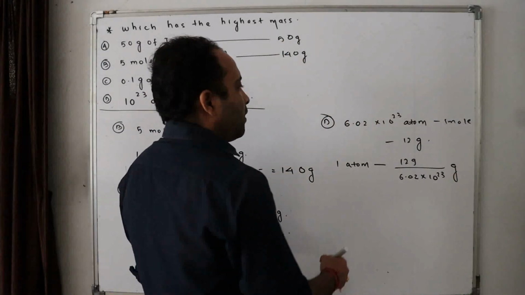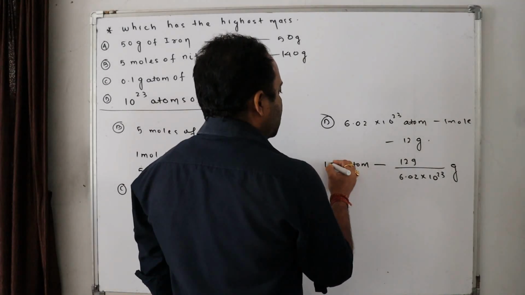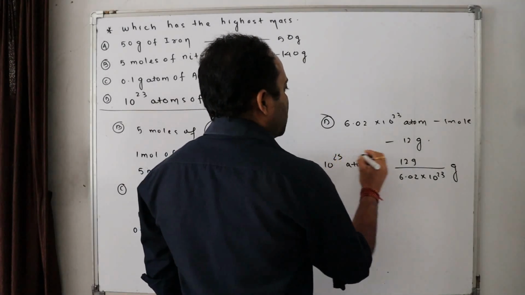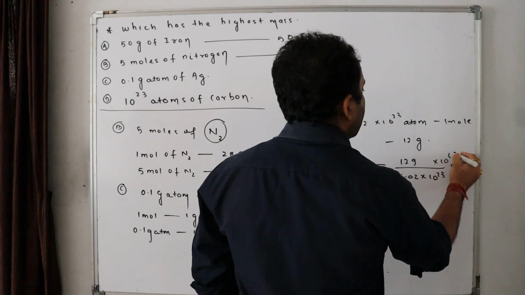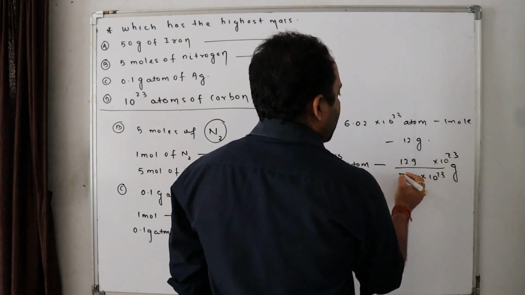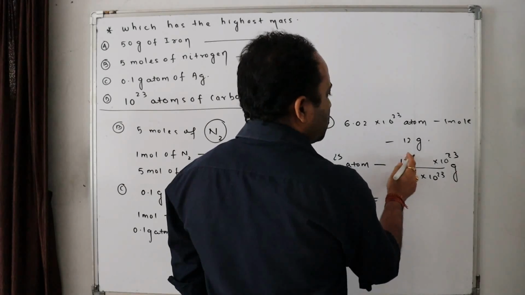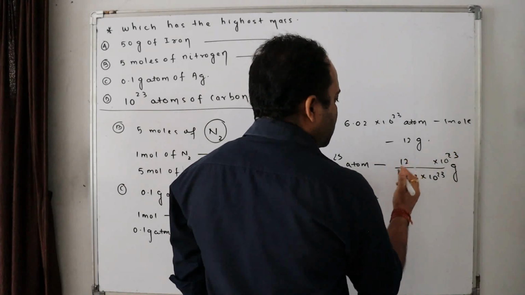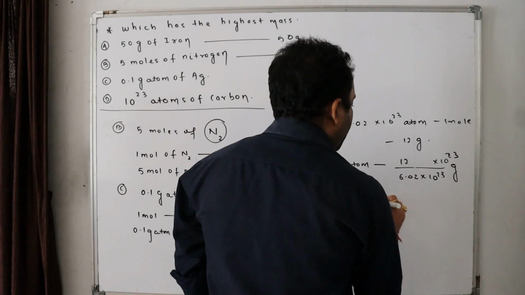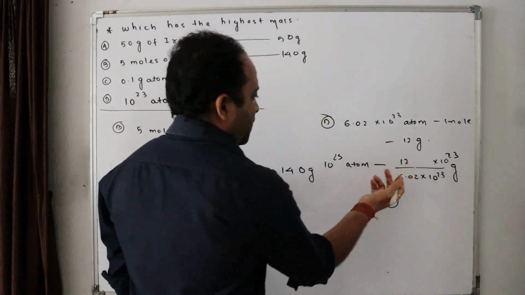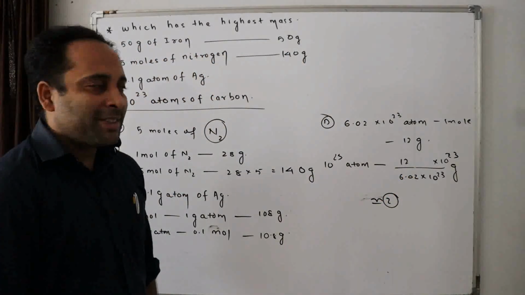Now they have given us 10 to the power 23, so into 10 to the power 23, this is cancelled. Approximately, 12 by 6.02 is approximately 2, isn't it?